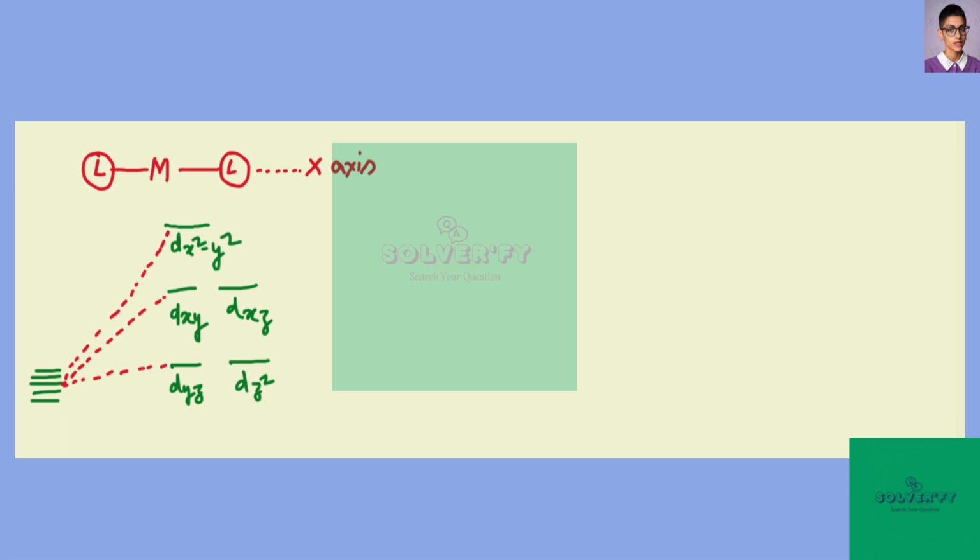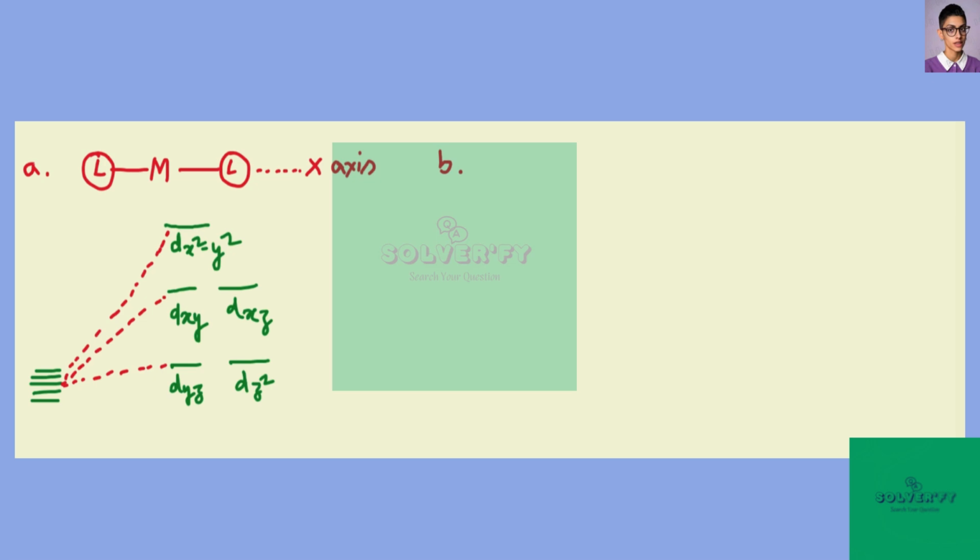The d orbital along this axis has the highest repulsion, so it has the highest energy. Then dxy and dxz have the same energy, and the lowest are those where the x-axis is not present, that is dyz and dz square. They have minimum energy because they are quite far from the x-axis and repulsion is minimum.